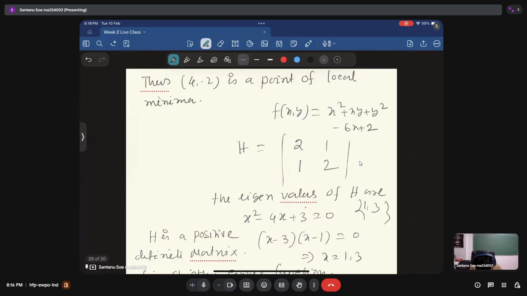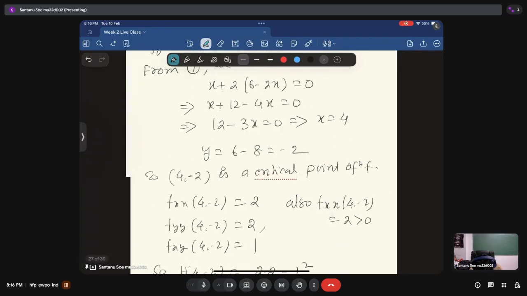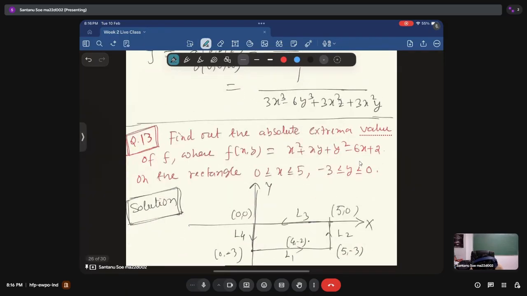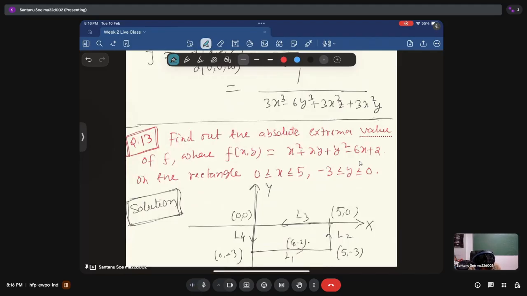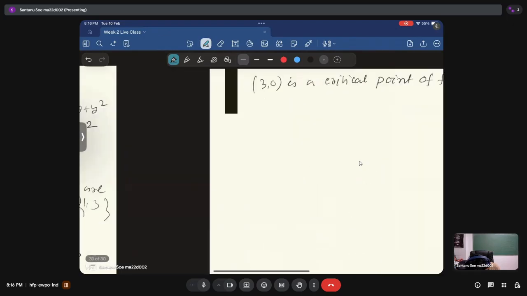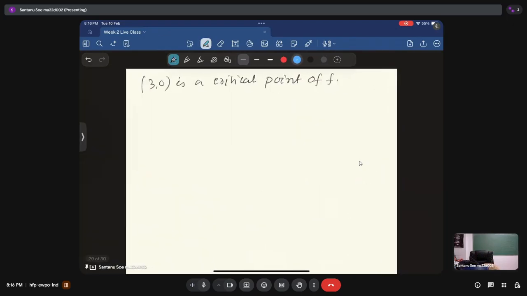Okay. So now let us consider the next boundary case. So we have taken already the L3 line. Now we're gonna take the L2 line. So on the L2 line, the value of x is 5. So f of 5 comma y, let us call it as h of y.